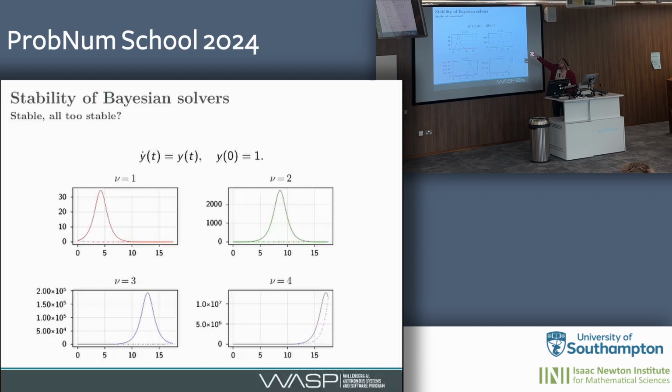So if we try to compute the exponential function, which is governed by this differential equation, then here I'm using an integrated Wiener process of orders nu equals 1 through 4. And so in the solid line, I plot the estimates we get from the filter, so the forward recursion.